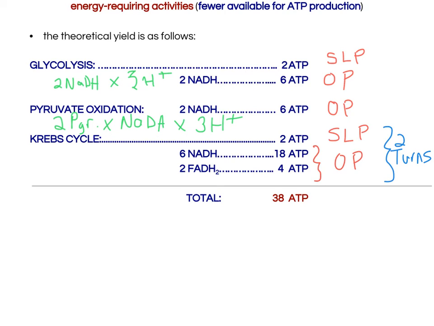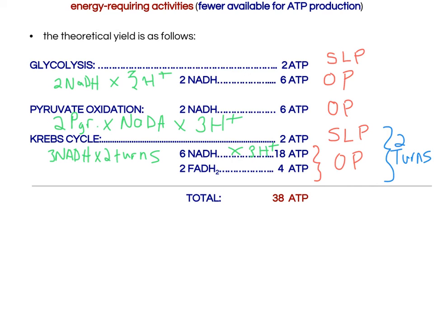That's the mechanism of ATP production. So with our 6 NADHs, we have 3 NADHs times 2 turns, and then times 3 H pluses per NADH, which gives us 18 ATP.